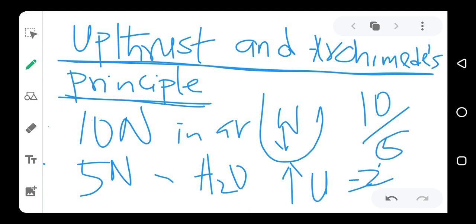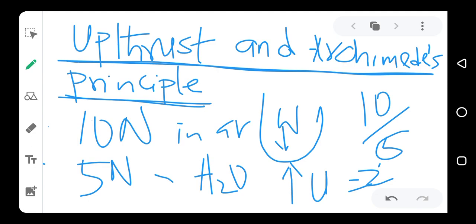There is no unit for relative density as we have discussed before. So the relative density of the object is going to be 2. So this is how to use upthrust, or the principle of upthrust, to get the relative density of an object.